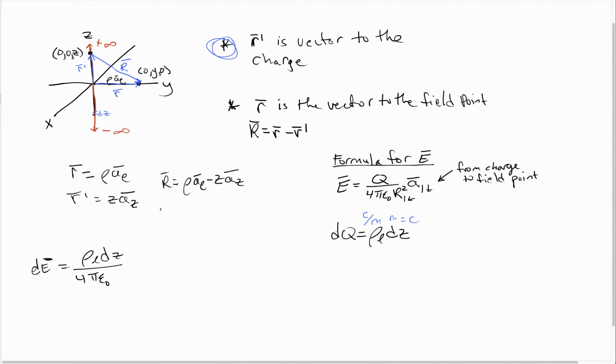And then the magnitude of R is going to be the square root of rho squared plus z squared. And so now we have everything to put in there.